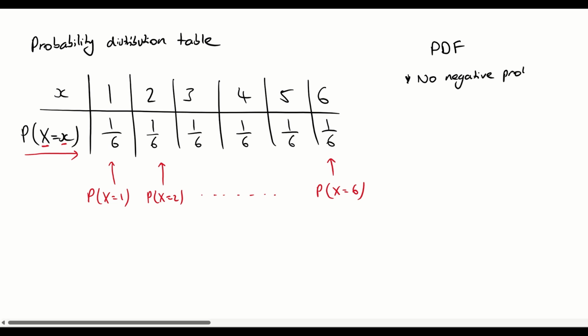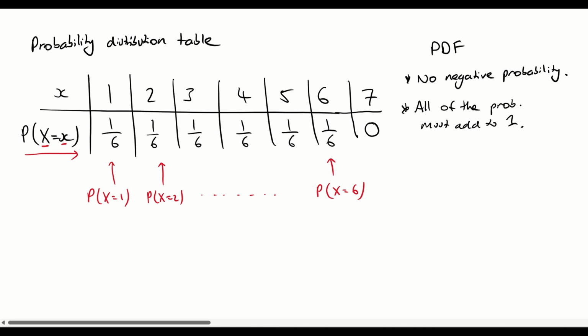So for example, the probability that I roll a 6 can't be negative. Even if I was to put the probability that I roll a 7 in, well, the probability of getting a 7 on a 6-sided die is just 0. But that's not negative. So the first rule is we can have no negative probability. The second rule is that all of the probabilities must add to 1.